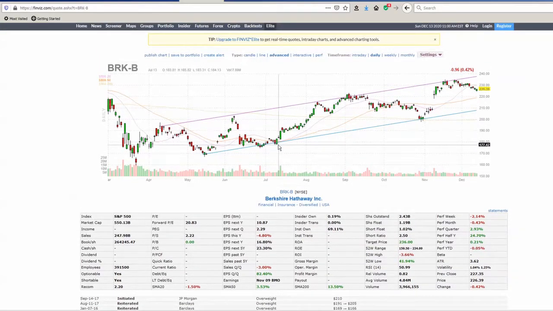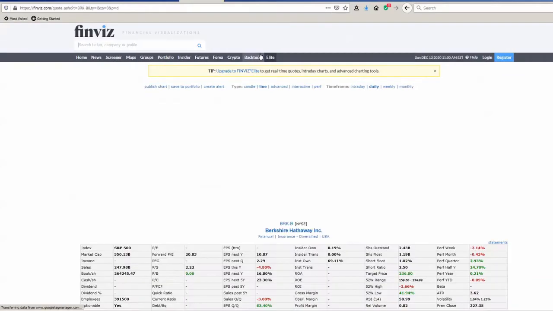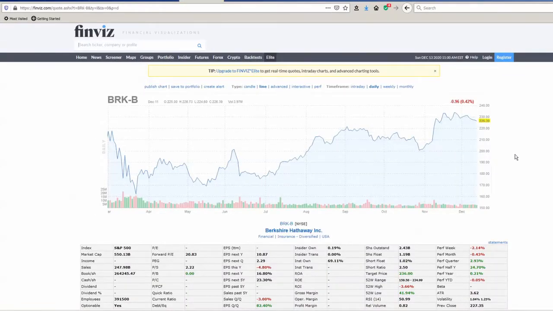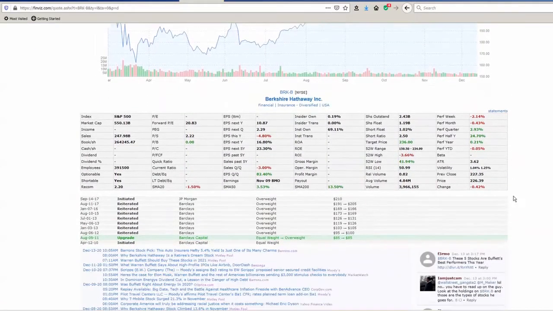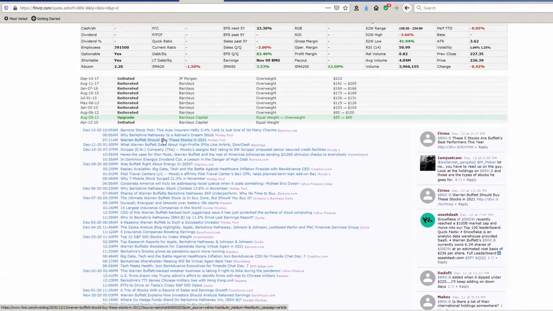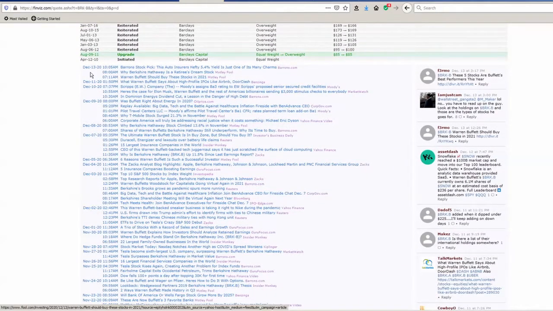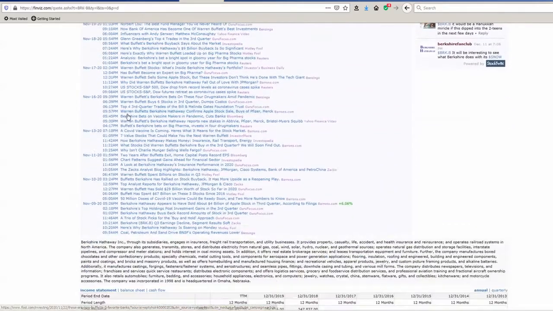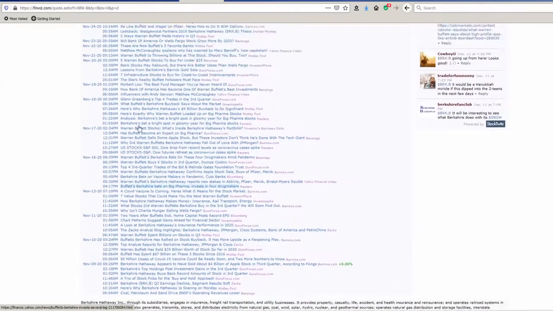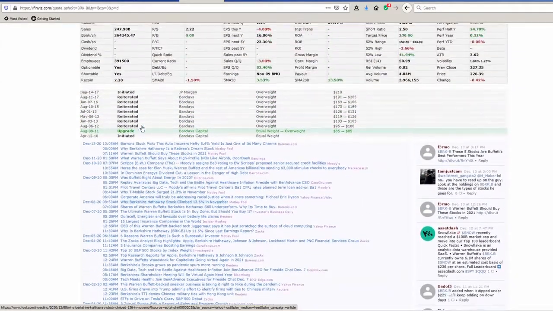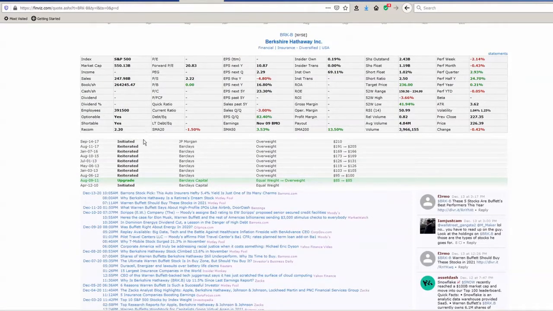You can see your charts here, and you can perhaps change the view of that. Key information, and you've got, again, a lot more news on this one actually. A lot more news going back over time. So if you're looking to see what's been published, what other people are seeing, then the Finviz one is a good place to see a lot of this news.